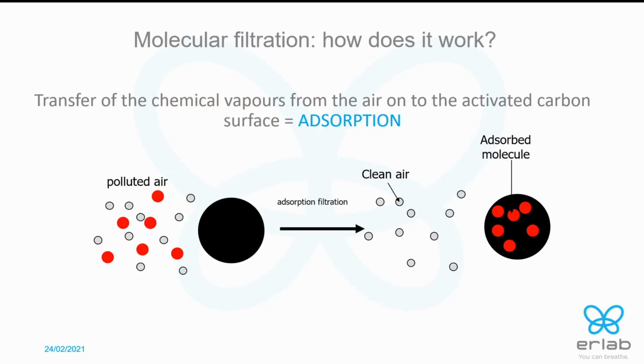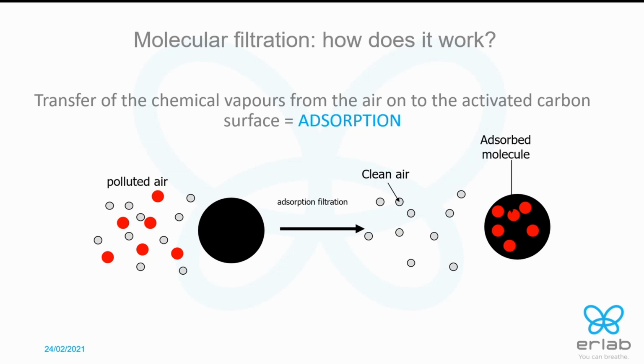So when we speak about molecular filtration, it's maybe good to understand how it works. Probably most of you already know, but it's a good opportunity to refresh the concept. So as I mentioned, the particulate filtration with HEPA filter is a physical process.